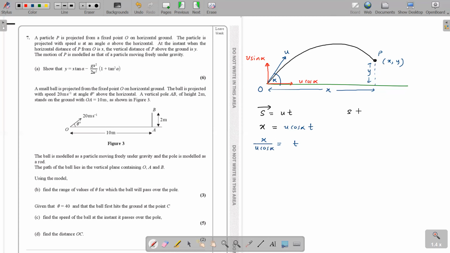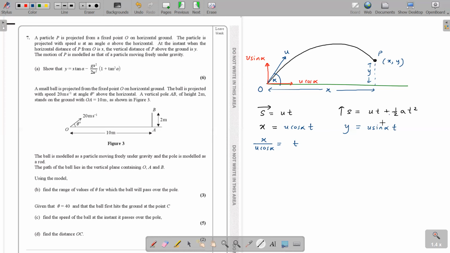The next equation we apply S equals ut plus half at squared. I'm going to apply it vertically, and I'll apply it vertically up because my displacement is upwards. So from O to P, the upward displacement is Y. Do you agree with me? The initial vertical component of velocity is U sin alpha into T, and this is going to be what?